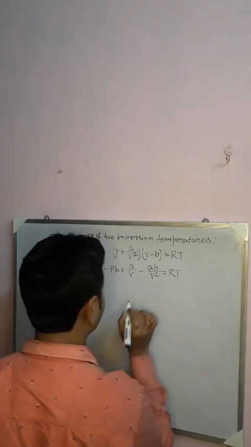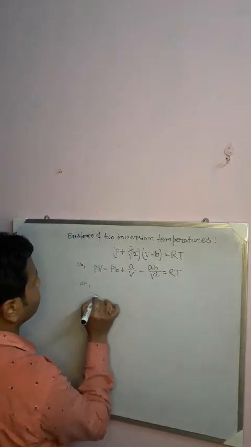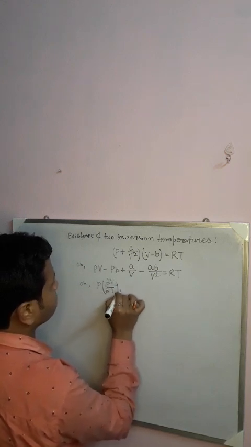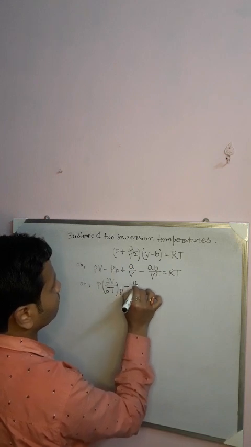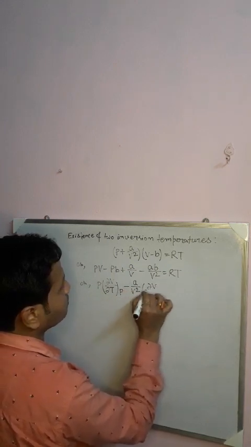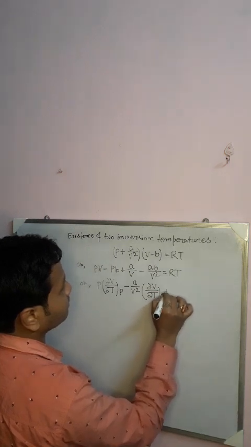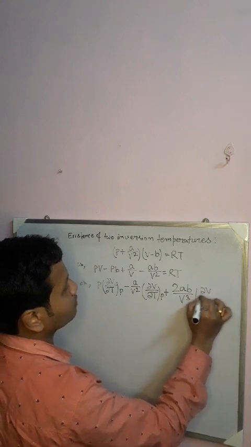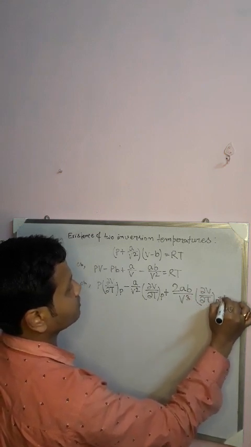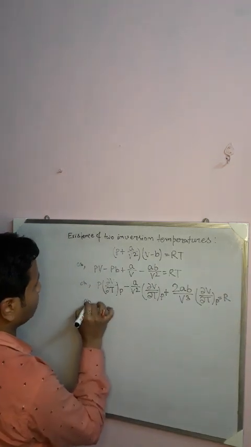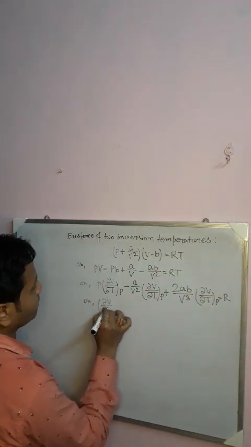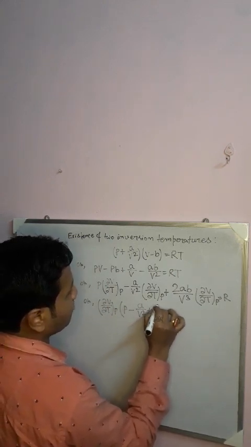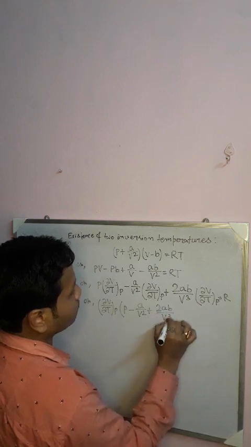Now differentiating this expression with respect to T, keeping P constant: P (del V/del T) at constant pressure, this term is constant, so 0, minus a by V square (del V/del T) at constant pressure, plus 2ab by V cube (del V/del T) at constant pressure, this must be R. So this is simply (del V/del T) at constant pressure times P minus a by V square plus 2ab by V cube, equals R.